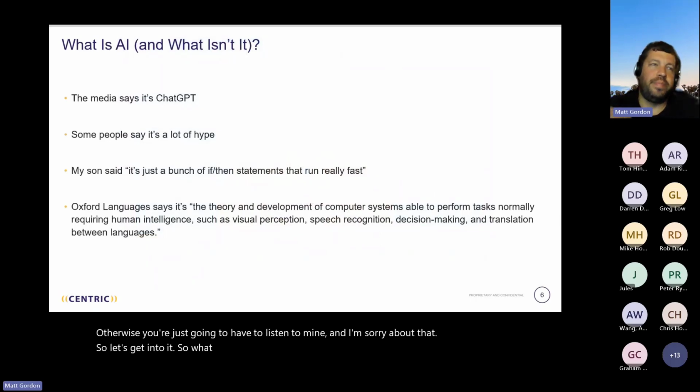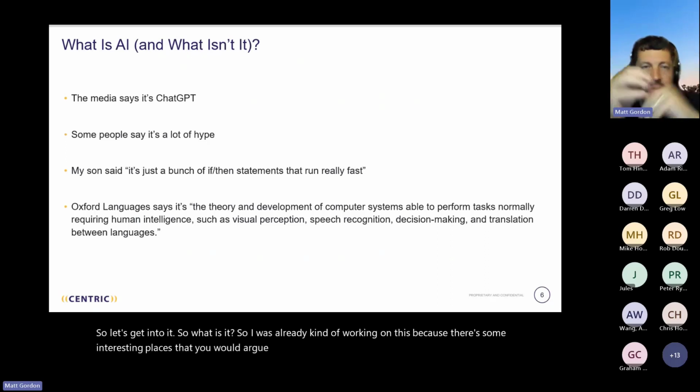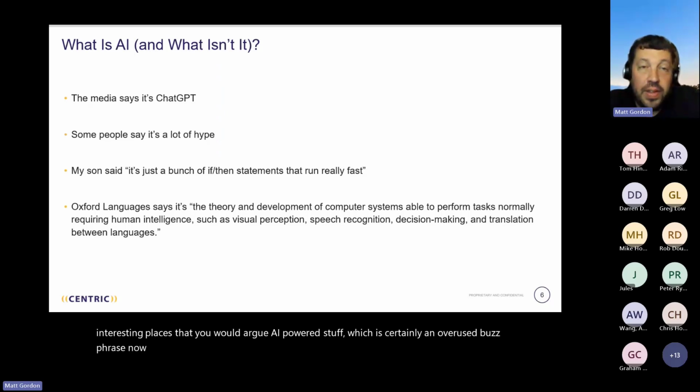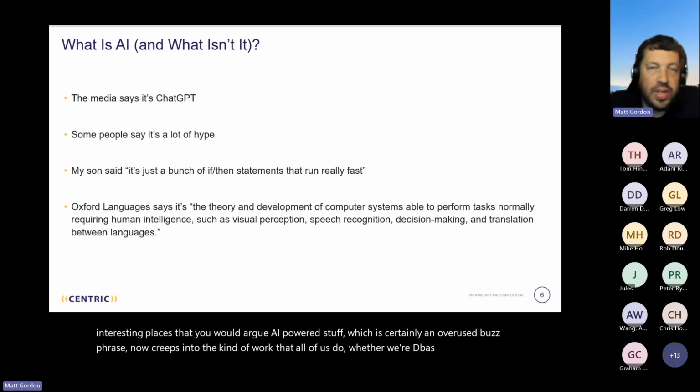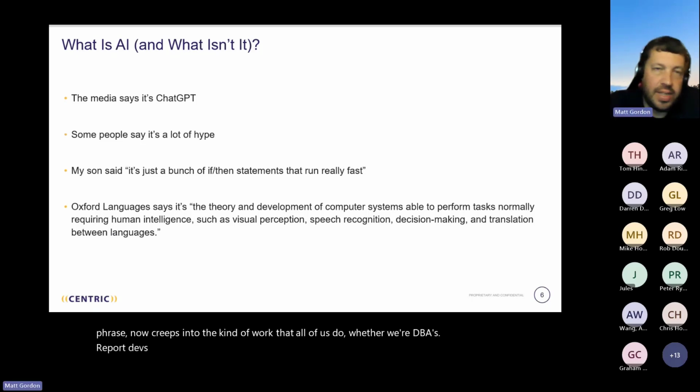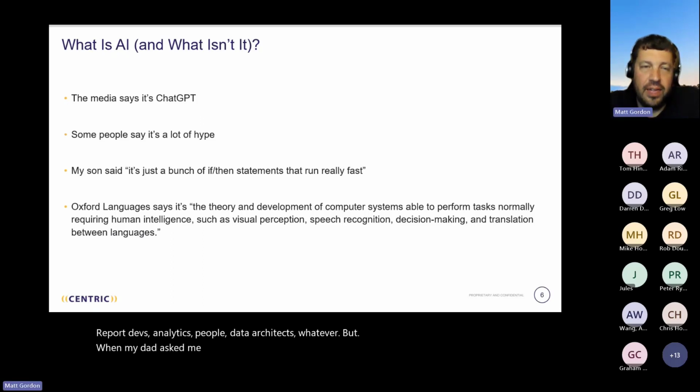So what is it? I was already working on this because there are some interesting places where you would argue AI-powered stuff, which is certainly an overused buzz phrase now, creeps into the kind of work that all of us do, whether we're DBAs, report devs, analytics people, data architects, whatever. But when my dad asked me what ChatGPT does, I thought, well, this has hit the mainstream.